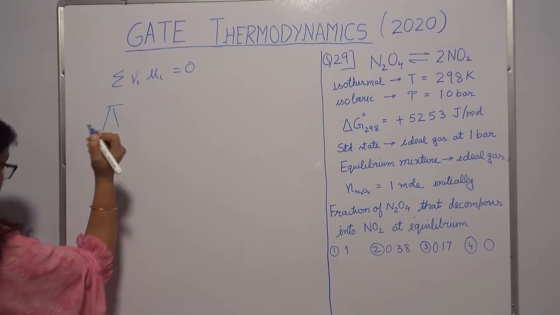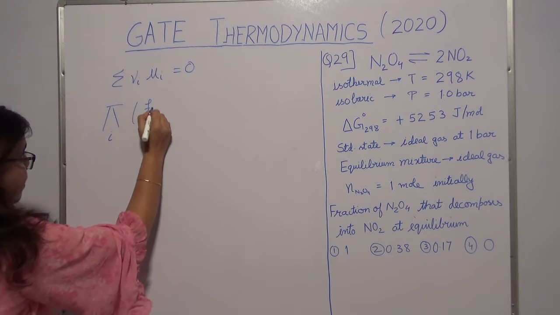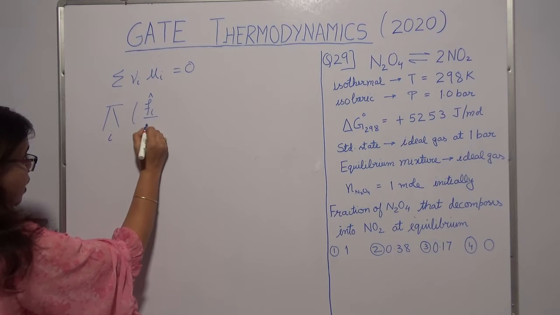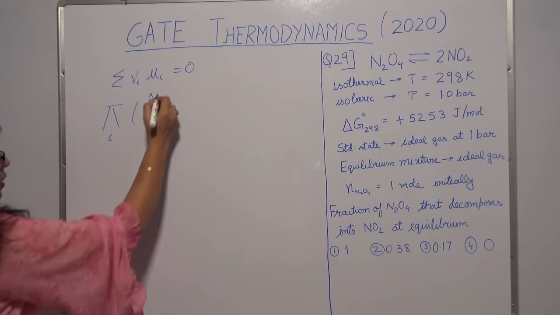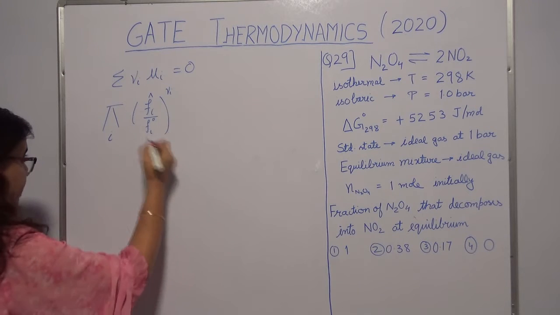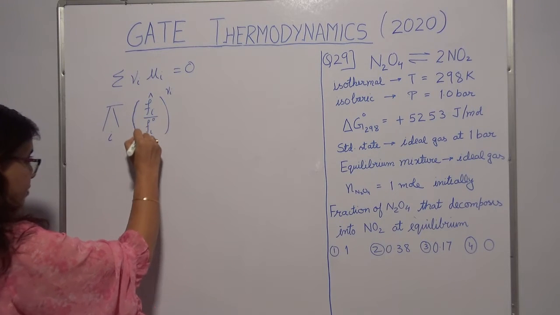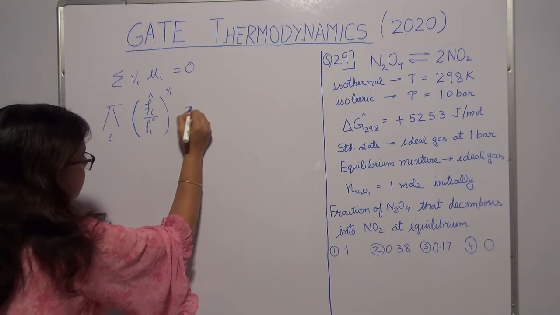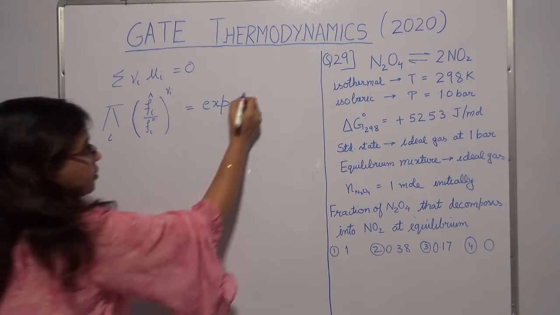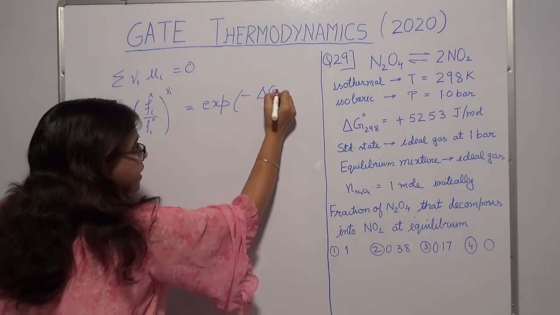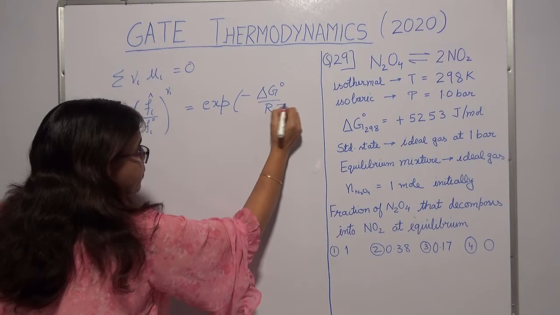product over all i of (f_i cap upon f_i naught) raised to ν_i, that is equal to exponent of minus delta G0 by RT.